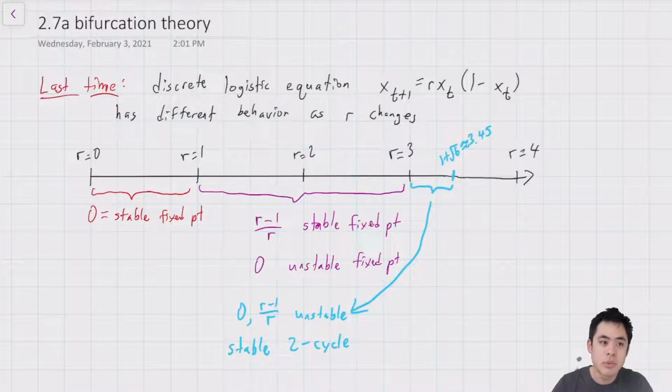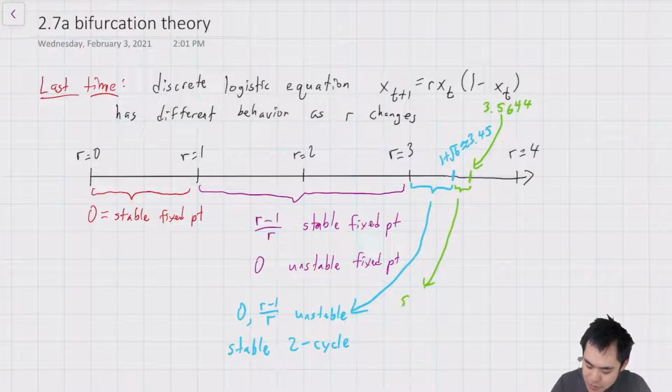Okay, well, then what happens going a little bit further? So this analysis gets really quite complicated, but one of the things you'll notice is that between 3.45 and 3.56, roughly, I'm actually going to give a couple more decimal points, 3.5644. So in this region here, what you have instead is a stable 4 cycle.